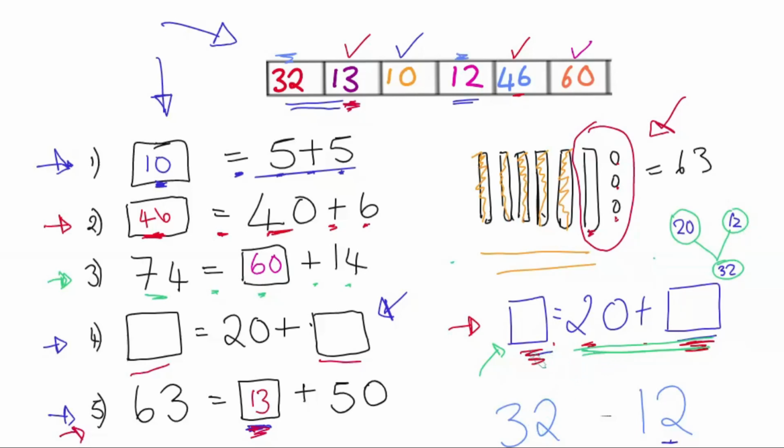The whole number goes at the start because of the way this number sentence has been arranged, and the two parts go at the back.